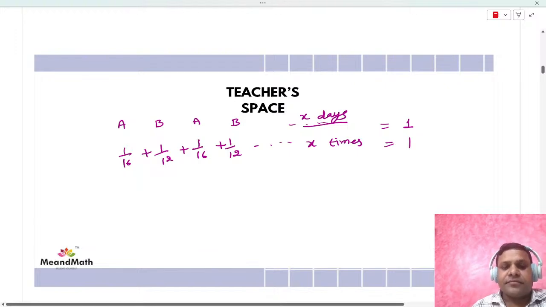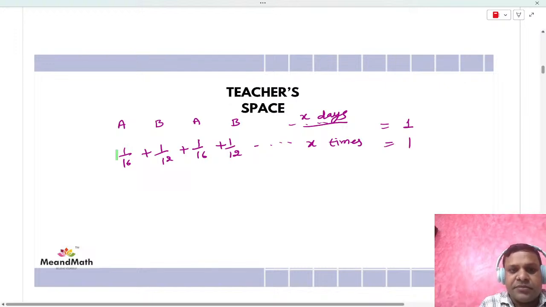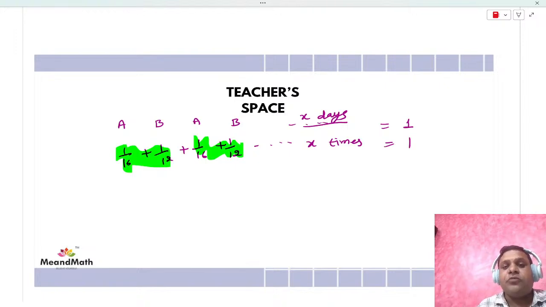Now 1 upon 16 plus 1 upon 12. यहाँ पर आप will check, there is a pair 1 upon 16 plus 1 upon 12, 1 upon 16 plus 1 upon 12. How many times? X by 2 times, because हमने 2 days को एक साथ combine कर लिया है.